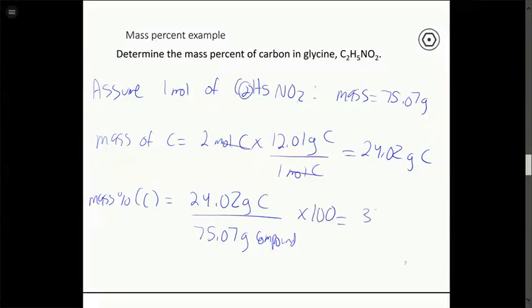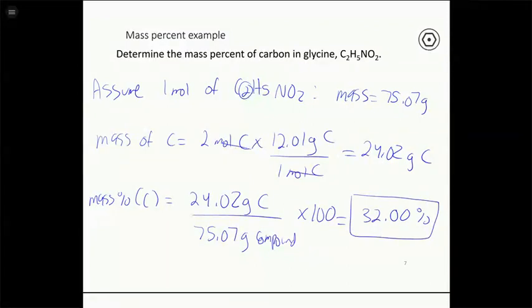And so that comes out to 32.00%. All right, so in principle, we could do this for any element in the formula, and if we did all of them individually and added them up, they should sum to be 100%, of course. All right, so that's how we can now use the chemical formula to get the mass percent.